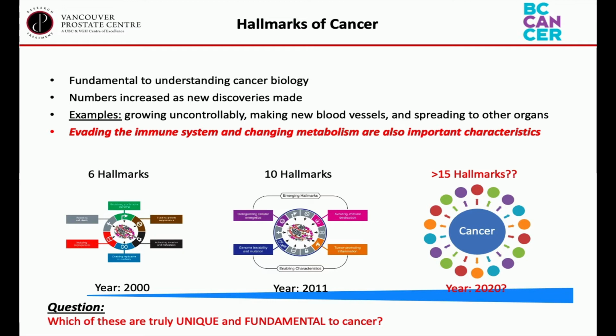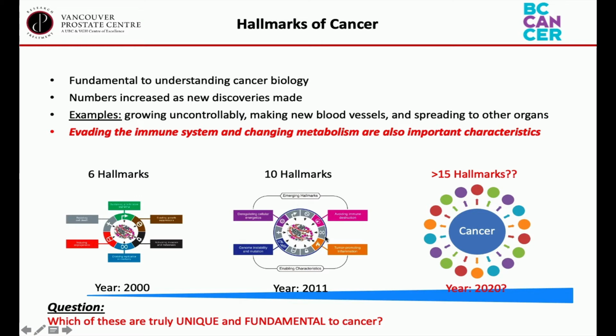The first paper you want to read is the Hallmarks of Cancer, published by Hanahan and Weinberg. At that time, they had just published the updated version in 2011. The number of hallmarks increased from the original 6 to 10.